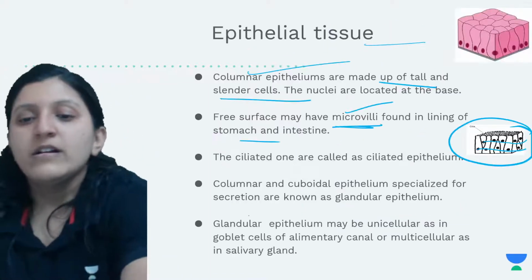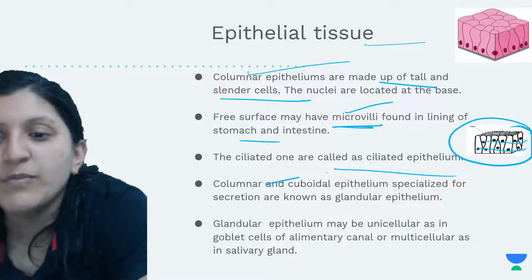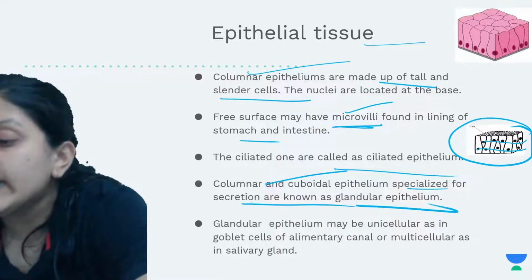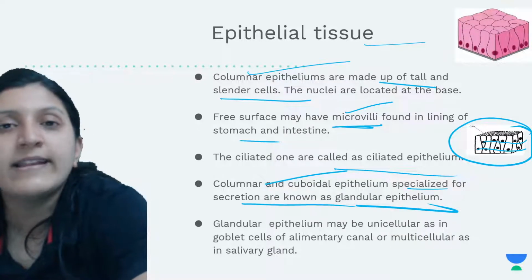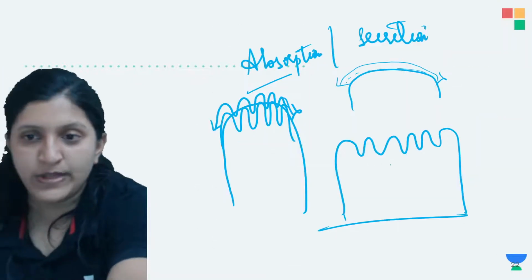Okay. Ciliated ones are called ciliated epithelium. The columnar and cuboidal epithelium specialized for secretion are known as the glandular epithelium. I already told you this. In glandular epithelium there can be multiple cells.